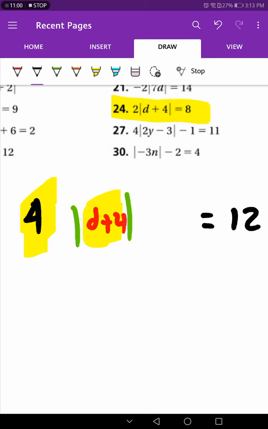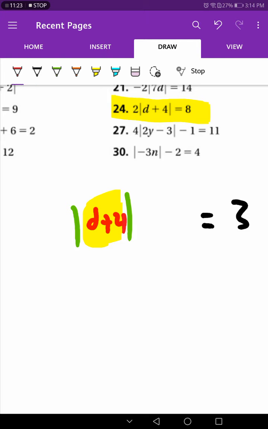Now tell me what I have to do. Yes, the 4 here is eliminated by dividing. Divide by 4, divide by 4. So this will be eliminated, and 12 divided by 4 equals 3. Thank you. Now you can break the absolute value.